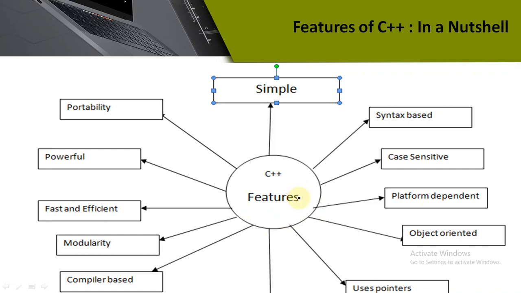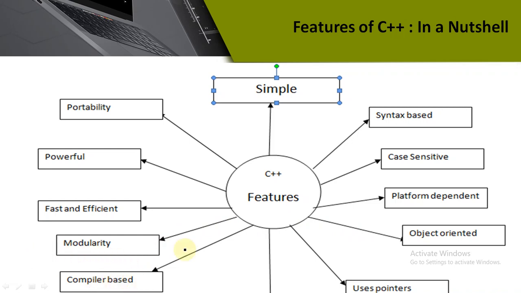C++ should be specifically pressed into service whenever we think of object oriented programming. It uses pointers, and it is compiler based. And it is not an interpreted language. And it provides modularity because like C, functions can be constructed.